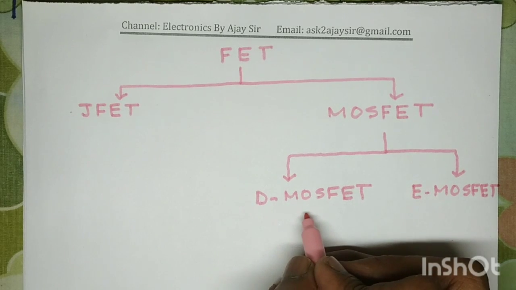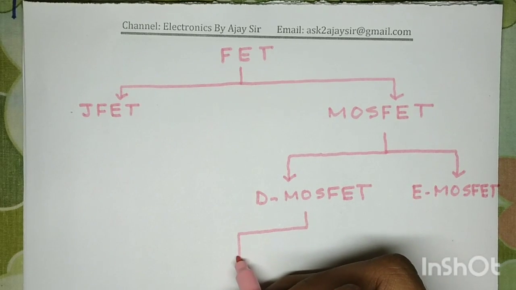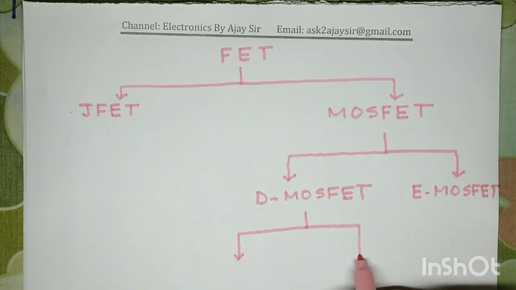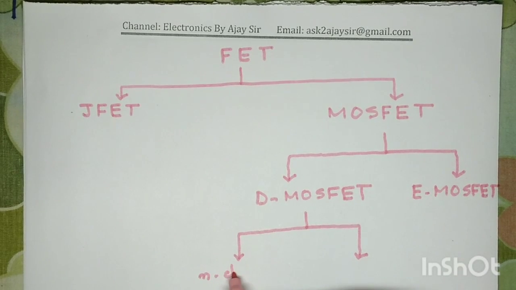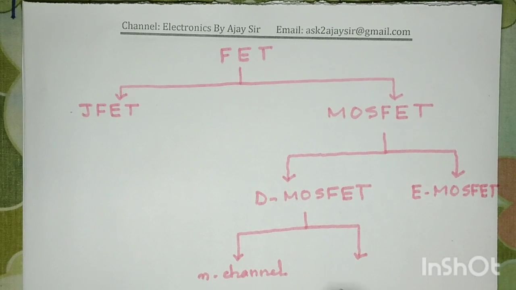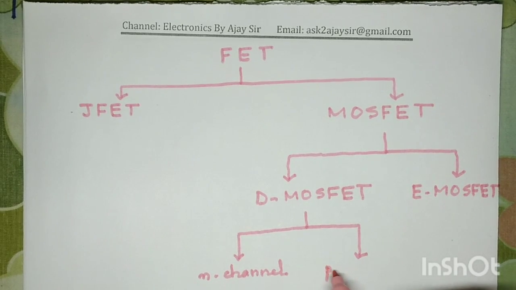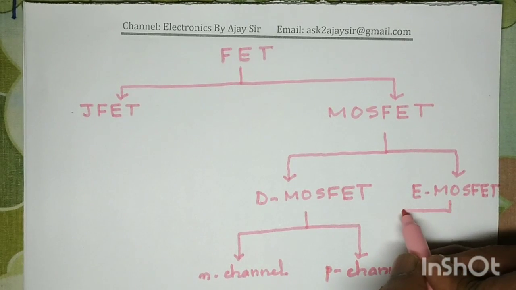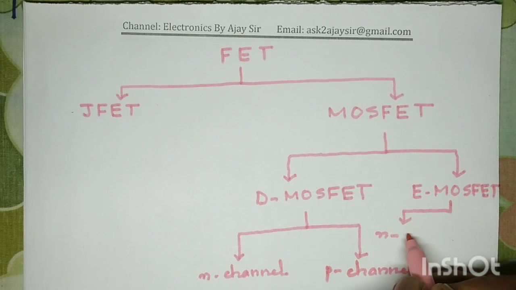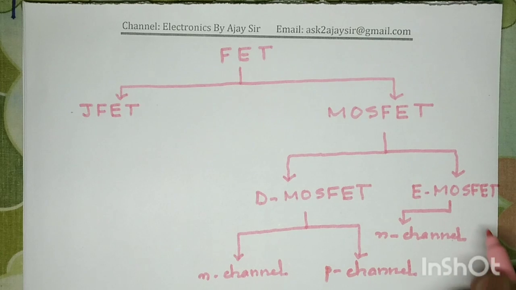Again, depletion type MOSFET is of two types depending upon the charge carrier. If it is due to the electron, we call it N-channel, and if the current conduction happens due to hole, it is called P-channel. Similarly, E-MOSFET is also of two types, N-channel and P-channel.